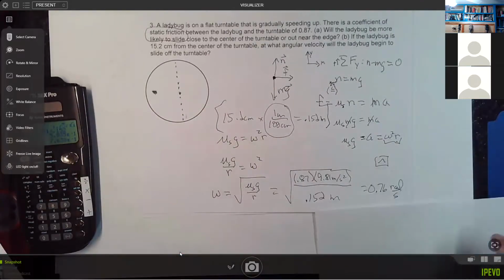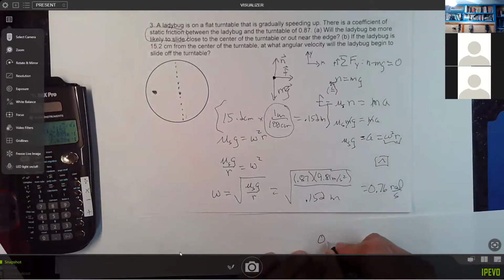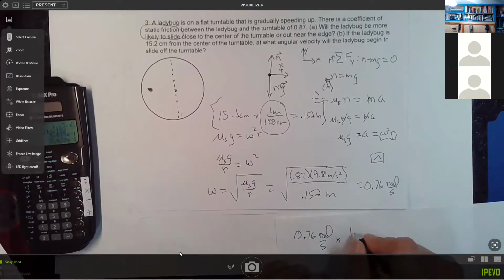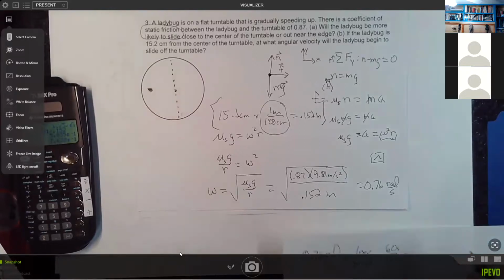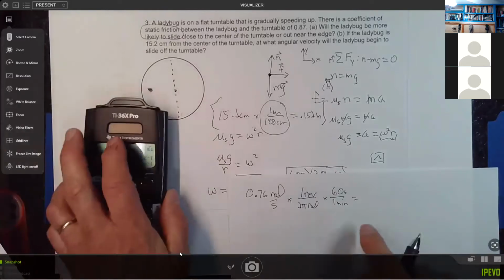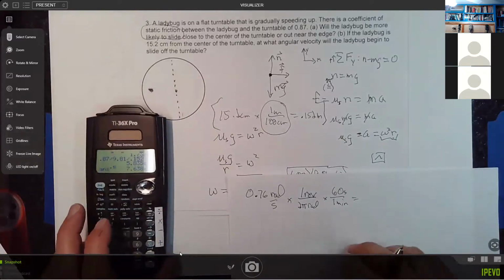If we wanted to convert that to revolutions per minute, I multiply that by 1 revolution over 2 pi radians, and multiply that by 60 seconds over 1 minute. I could figure out how many revolutions per minute we're going to get here.